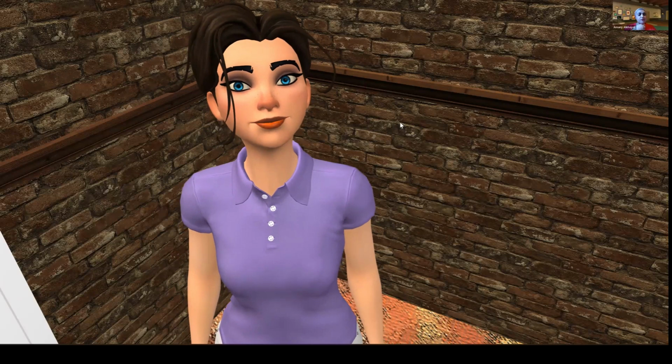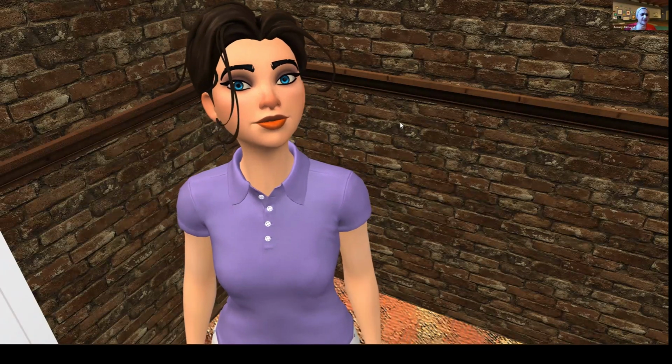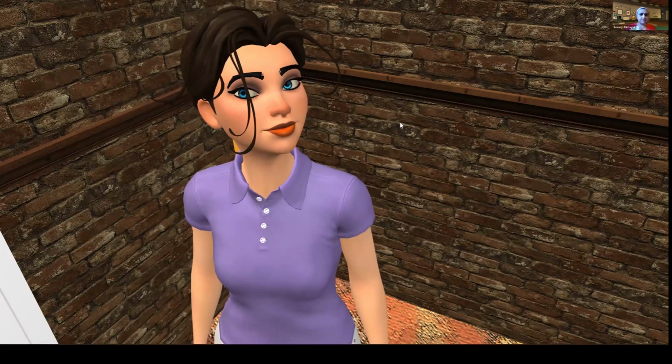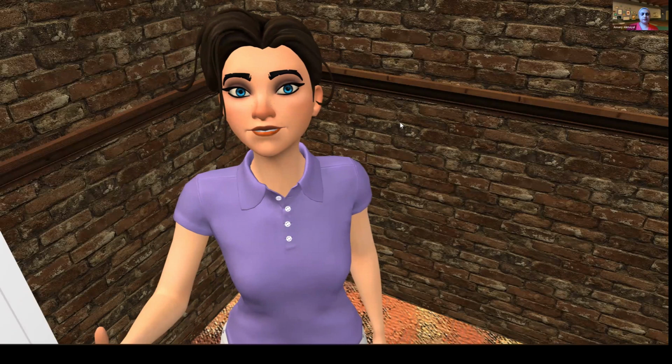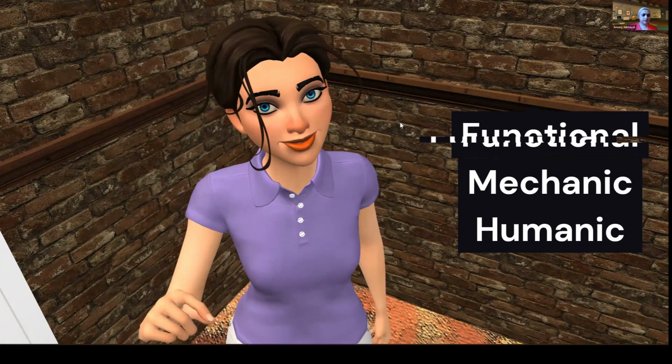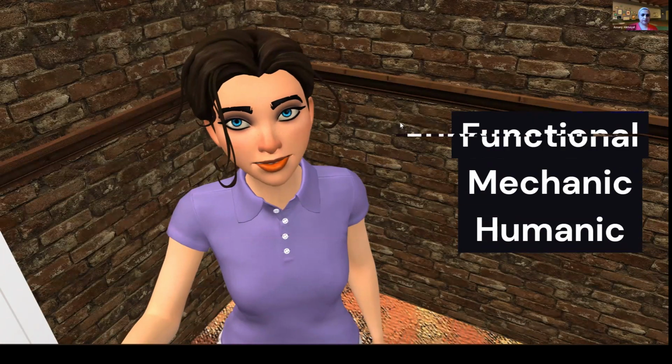So you mentioned before something like service clues. What do you mean by that and how do they affect the user? So as you know, Amany, there's a difference between functional, mechanic, and humanic clues that make up the service experience. Functional means service integration and interaction.